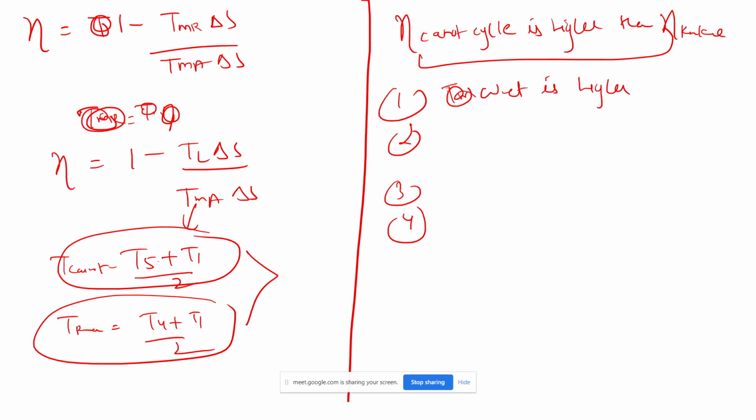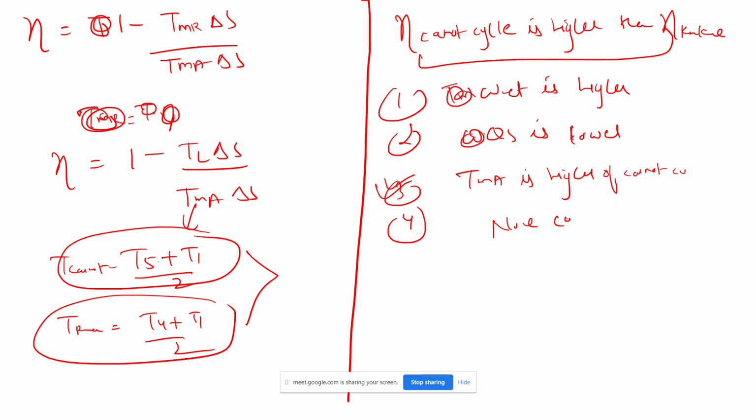Second, heat supplied is lower. One will say mean temperature of heat rejection is higher, or none of these. They can ask this as a 1 mark question: why is it higher? The mean temperature of heat addition is higher for the Carnot cycle. You have to mark this.